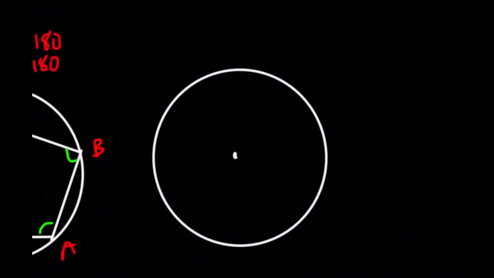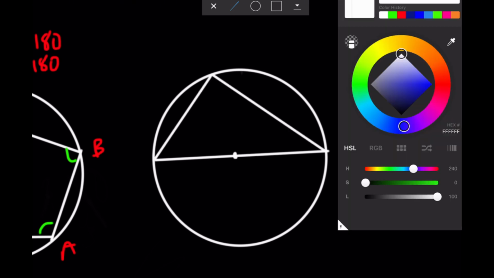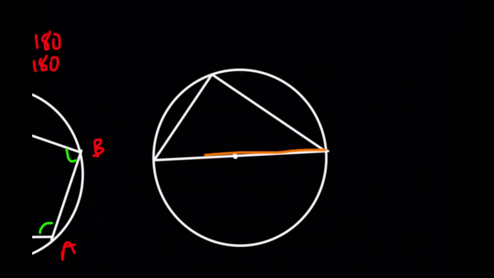Moving on to the next one. The next theorem is that a triangle lies on the semicircle line. If we draw a triangle that lies on the diameter of the circle, which is the more correct term, technically the triangle is only on half of the circle.